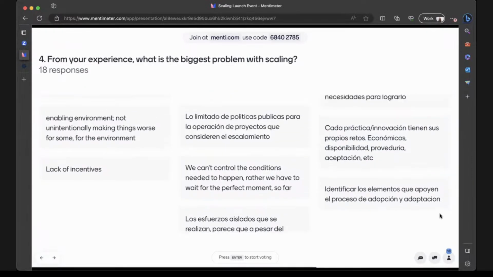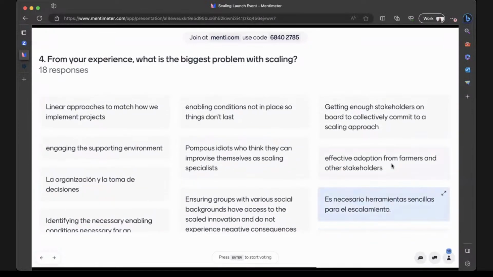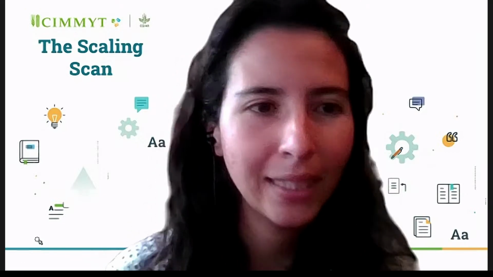And now let's go into the next topic. So now what we're going to do is that we're going to have a panel discussion where we're going to speak about the scaling scan, so that all those people who have heard about it but do not yet know what it is can know more about not only the scaling scan as such, but also about the third edition of the scaling scan that we have developed and that you are now going to be able to use digitally.